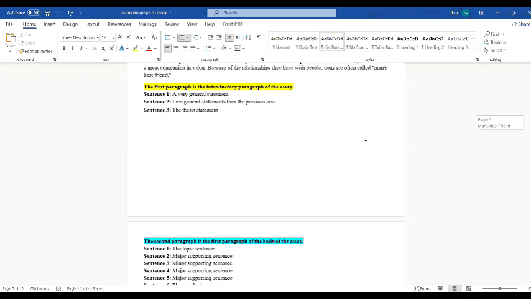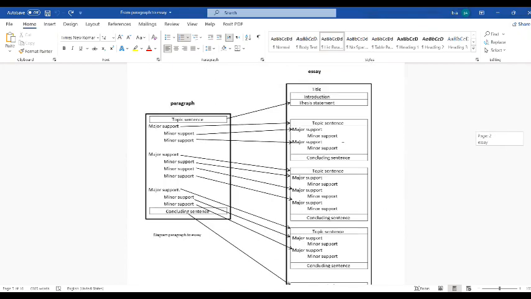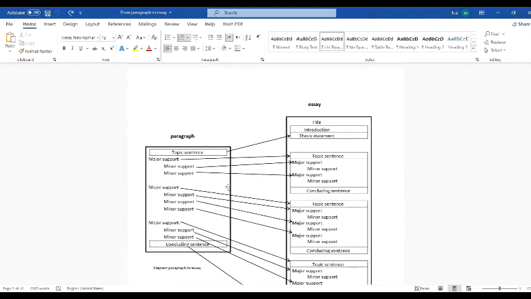Let's continue the analysis. The second paragraph is the first paragraph of the body in the essay. Sentence number 1 is the topic sentence. If you remember last time, we saw this diagram.